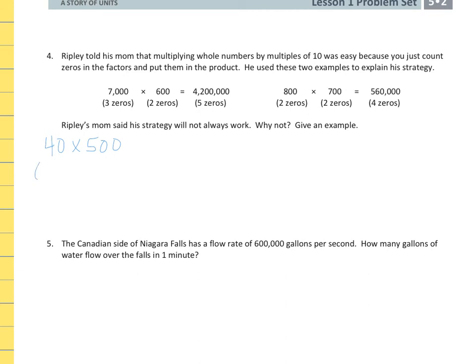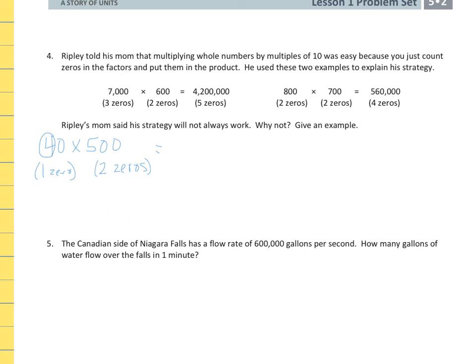Well, there's 1 zero in 40, and there's 2 zeros in 500. So if we're following Ripley's theory, our answer should probably have 3 zeros in it. Let's see if we can prove him wrong with this problem.